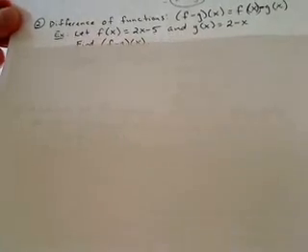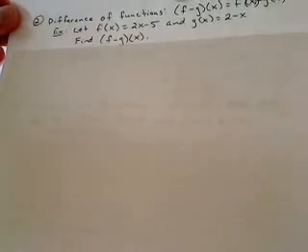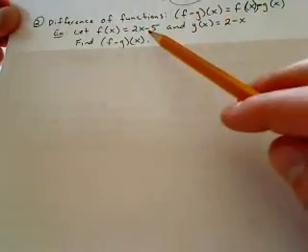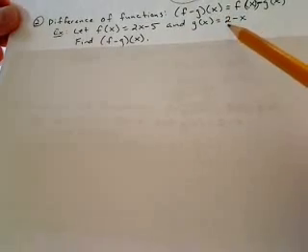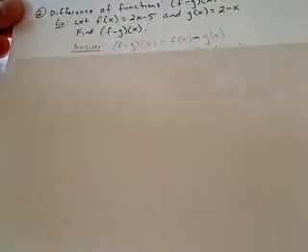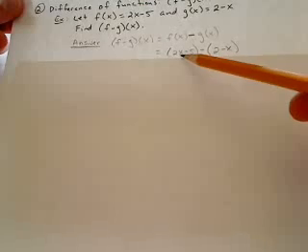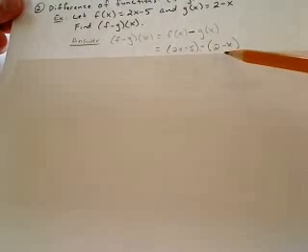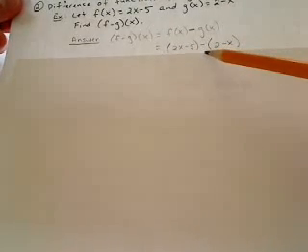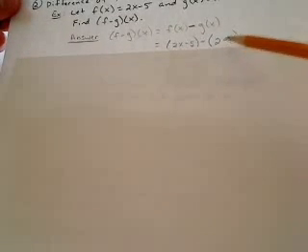If we want to find f minus g of x, we take f of x, 2x minus 5, and subtract 2 minus x. Rewriting it, f of x is 2x minus 5 and g of x is 2 minus x. We want to make sure that g is in parentheses because we're going to use the distributive property to simplify.